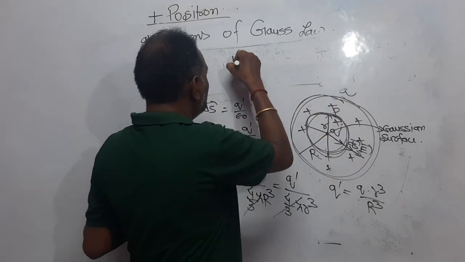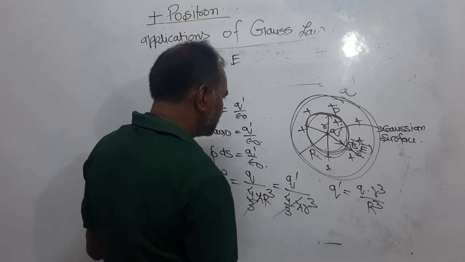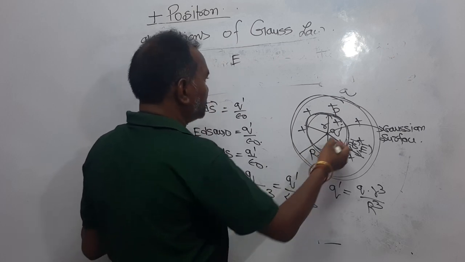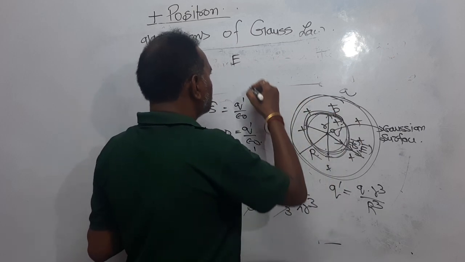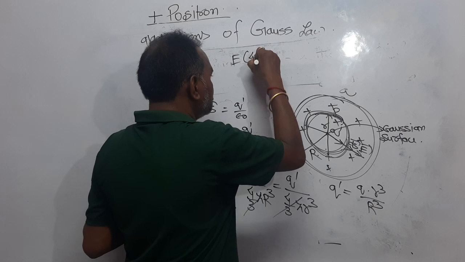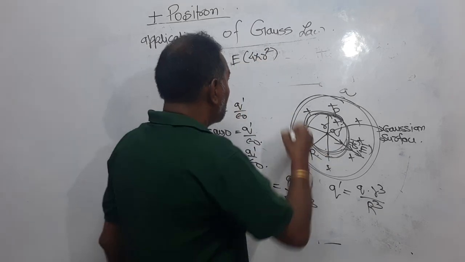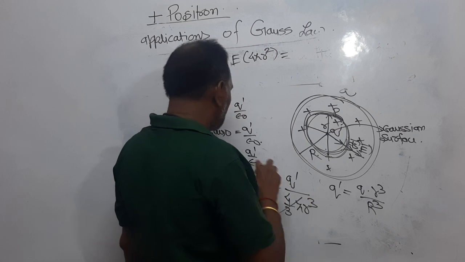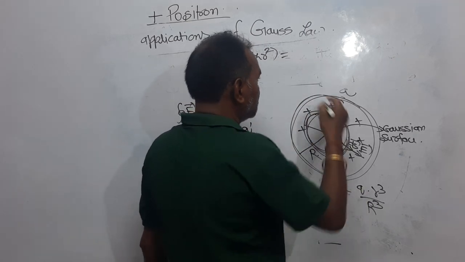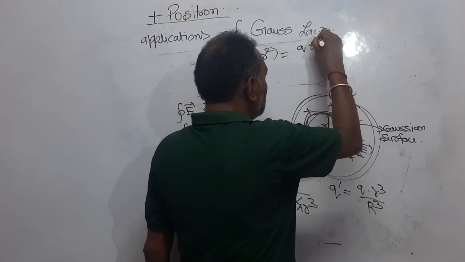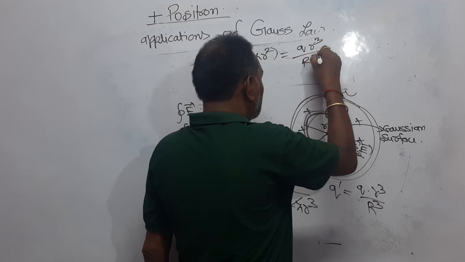Now what is E integral ds? Integral ds is the surface area of the sphere, 4 pi r square, a Gaussian surface, and that is equal to q dash, which is q r cube upon capital R cube.